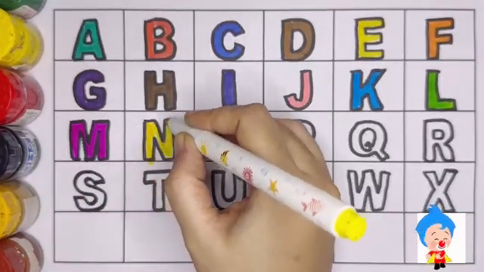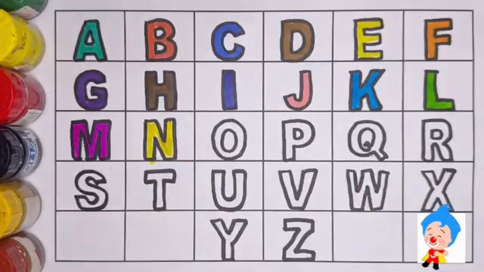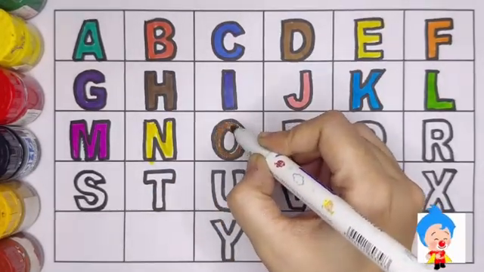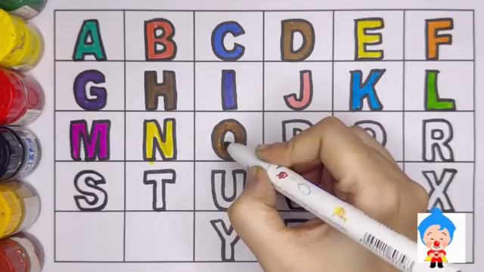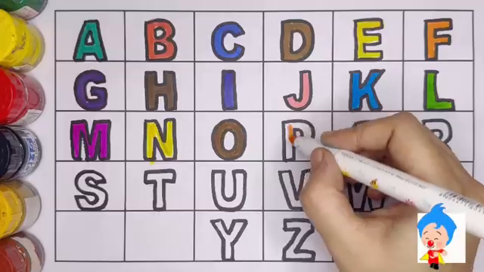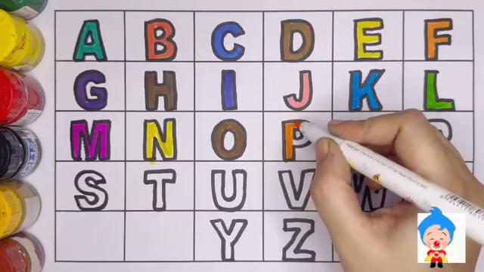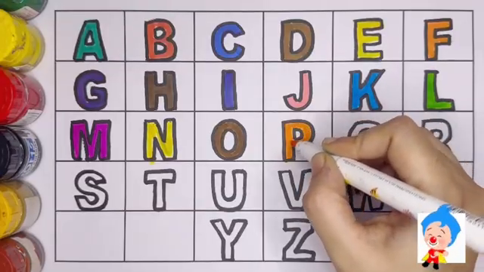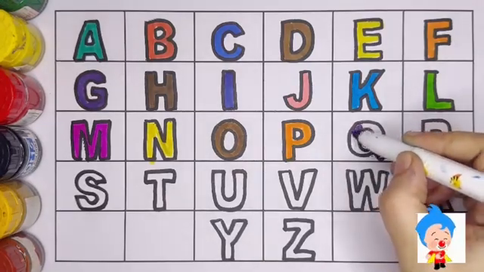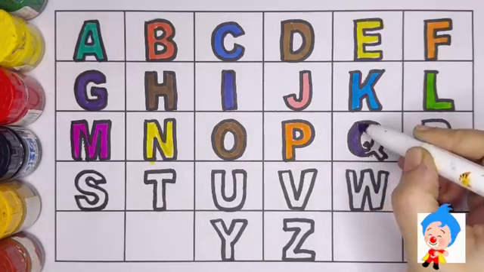N for nest. O for octopus. P for parrot. Q for queen.